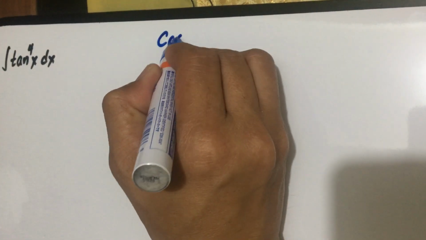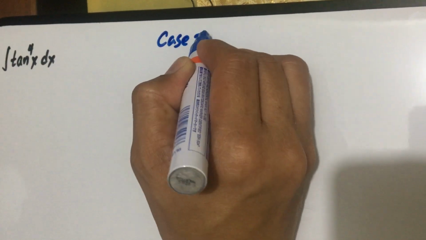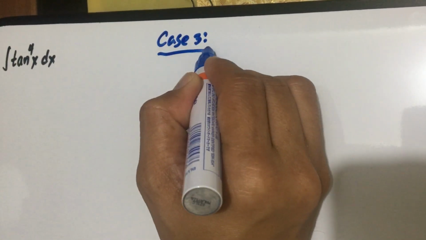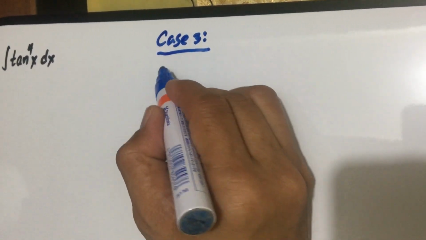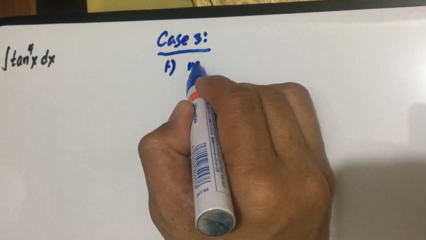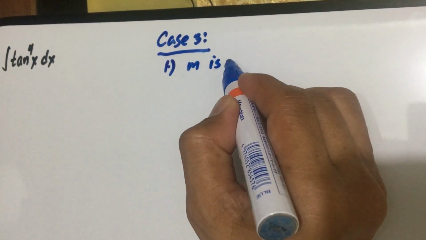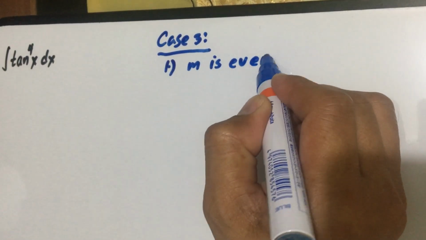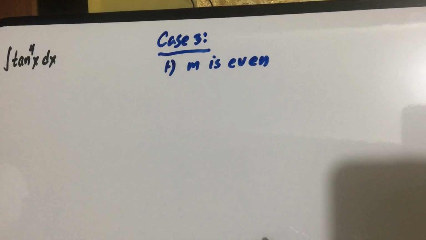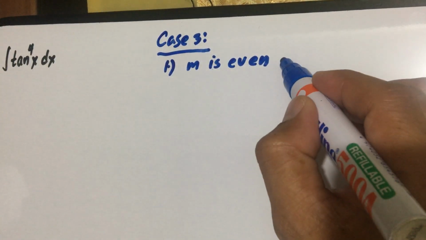So this is case 3. In case 3, m is even and only tangent.